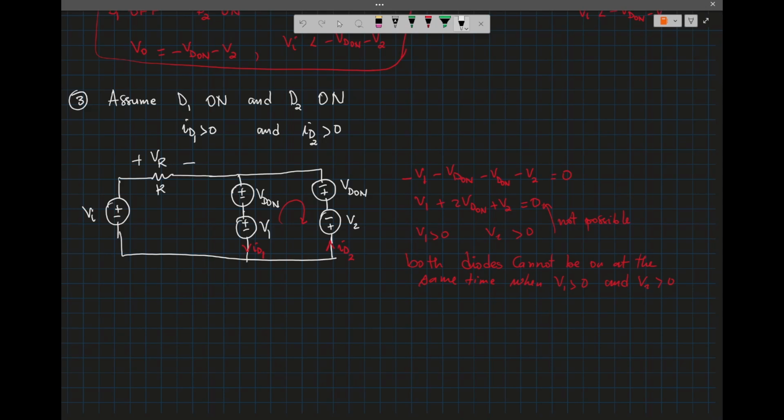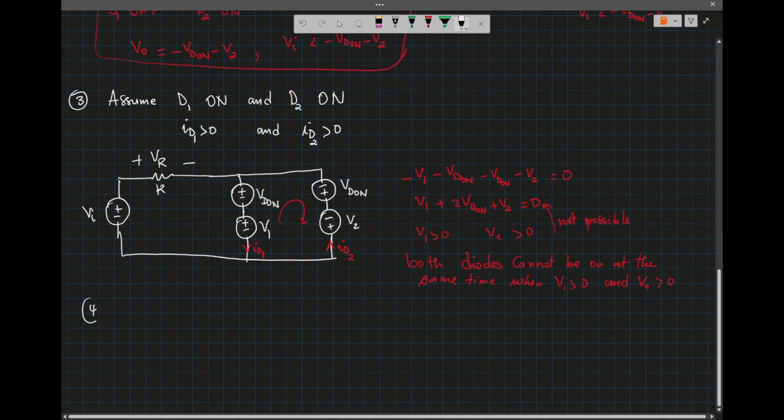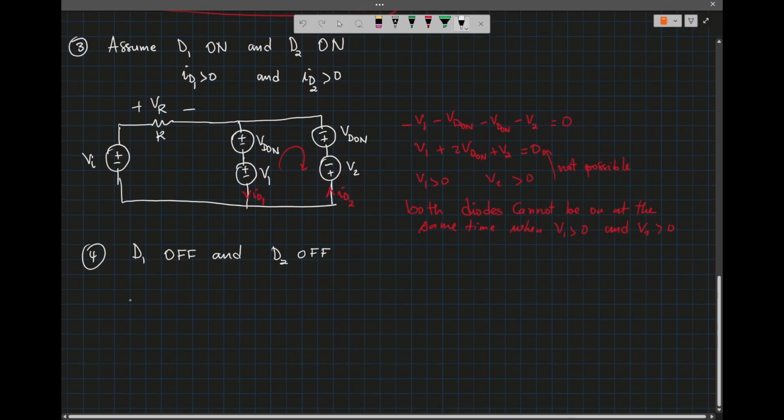Okay, so the last condition is D1 off and D2 off. In that case, what do we have?